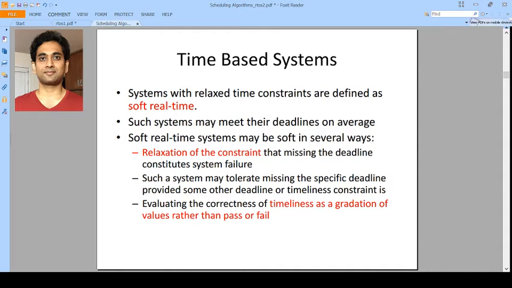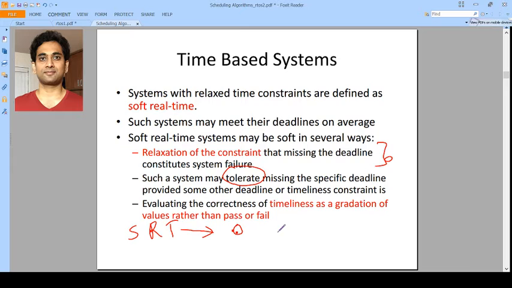Then introducing this kind of tolerance to missing specific deadlines can provide some kind of soft real-time characteristics. So, in other words, in soft real-time systems the evaluation is a gradation rather than pass or fail.